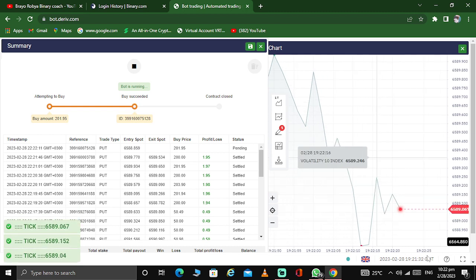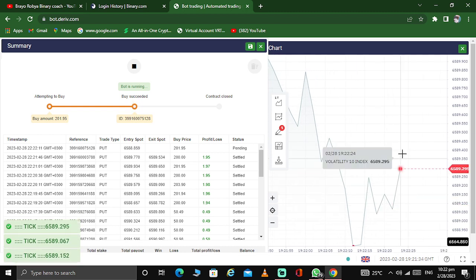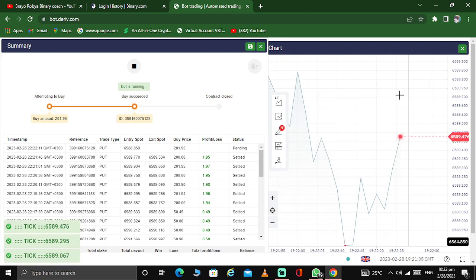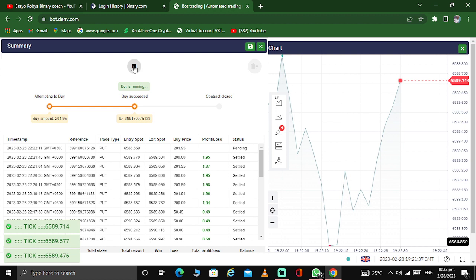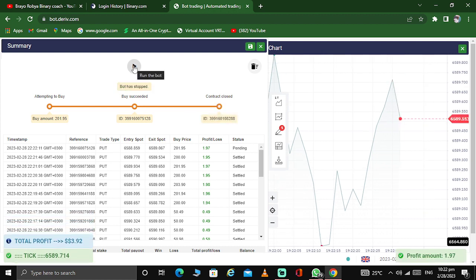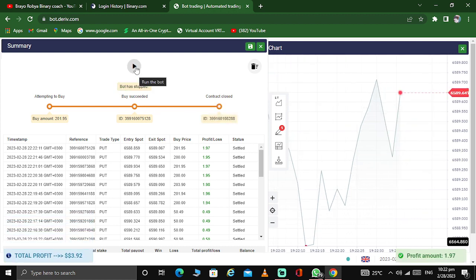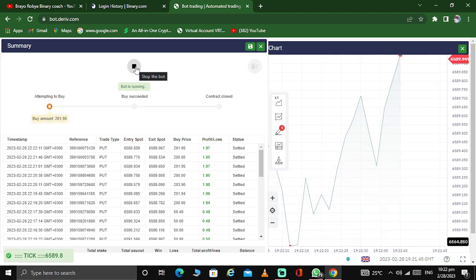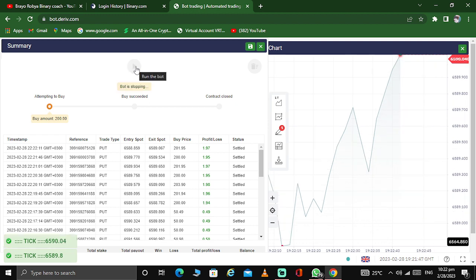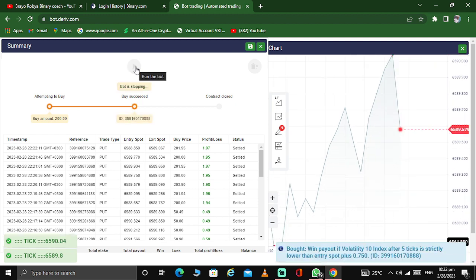But when it goes lower with a huge spike, it is more likely to come back with a huge spike, which might result in you making a loss. So you need to stop it. And as you can see, the bot is working very well. I have to stop the bot right now.